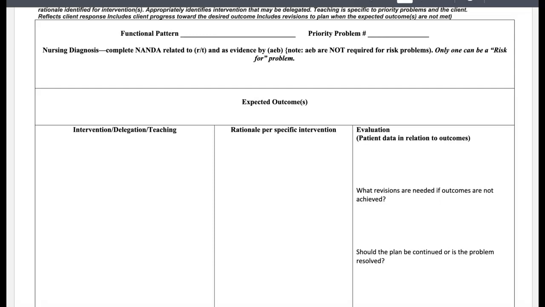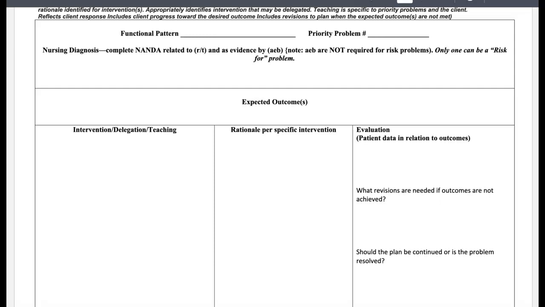Now, the evaluation. You're going to put the patient data in relation to outcomes. If you've had the patient during your shift and they had an activity intolerance, your goal might have been for them to sit up in the chair. Your outcome: patient will sit in the chair for 30 minutes by the end of the shift.